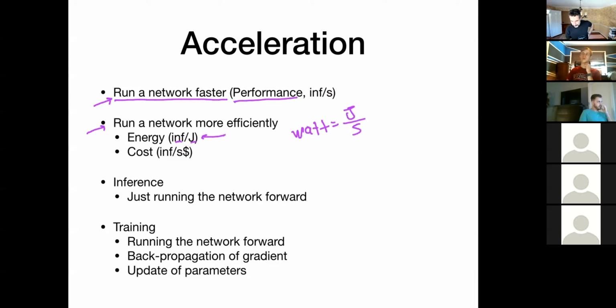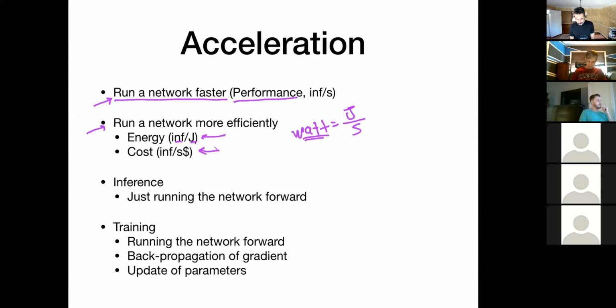You might have heard about watts, depending on the context you're familiar with. But essentially, you want to think about energy as inference per joule. And you can also define it in terms of cost, inference per second per dollar. You can think about that as well.